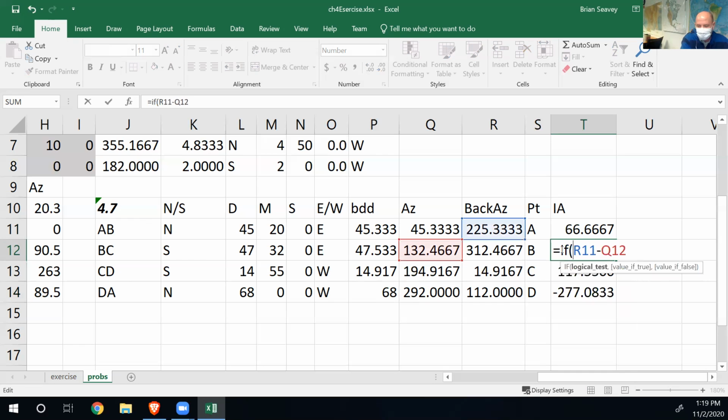If R minus... I think I have to put this in parentheses also. If that is less than 0, then I need to take 360 plus R11 minus Q12.